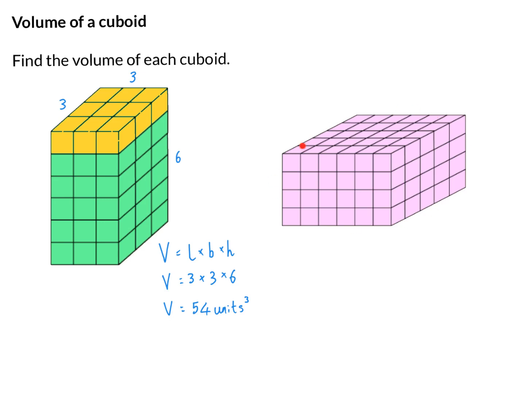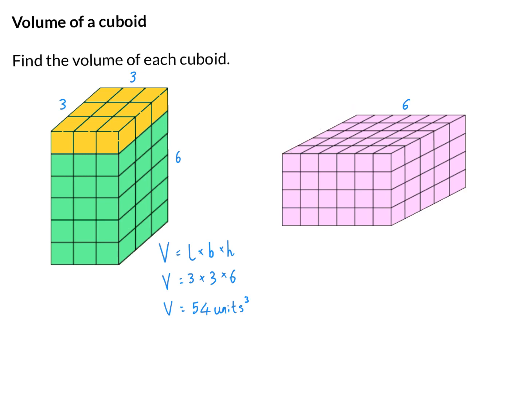So if we look at the second one, rather than counting layer by layer, we can consider the length, the breadth and the height. If we look across the way here, we can see that it's 6 cubes wide.